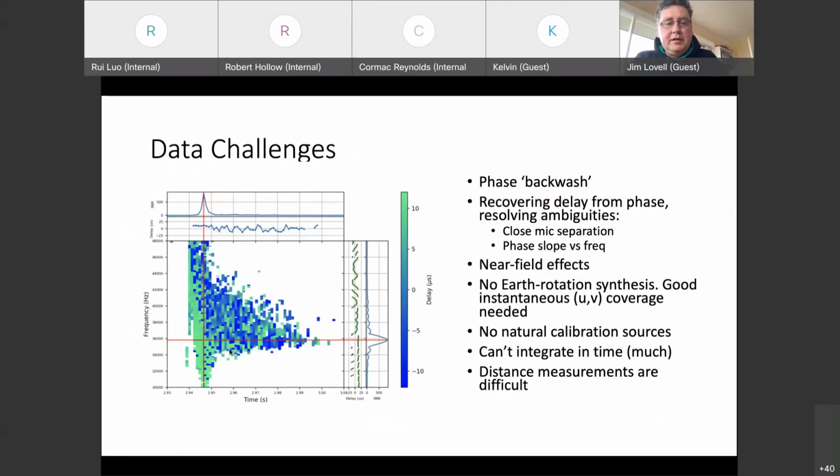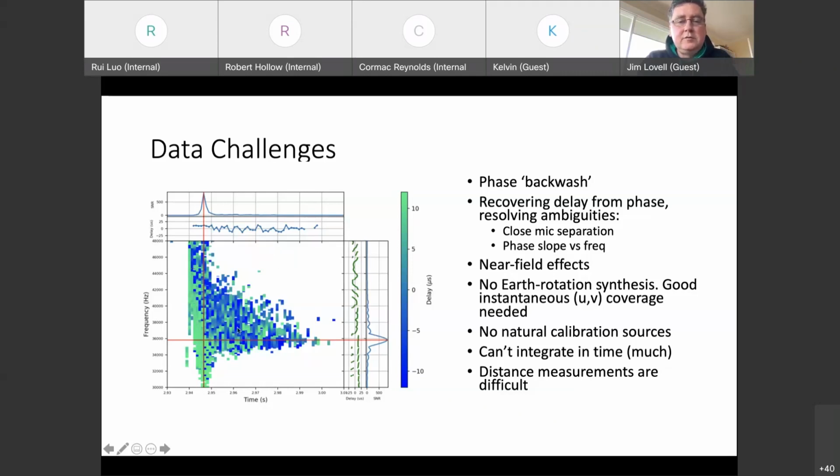Some of the data challenges I've come across, very briefly. So this is one individual chirp, and I'm showing delay here in the colors. So we've got frequency on the vertical axis and time on the horizontal axis, and this is only about 70 odd milliseconds of data. And you can see what's happening is when the call arrives at the microphones, the delays are nicely behaved and smooth across the frequency band, as you'd hope.